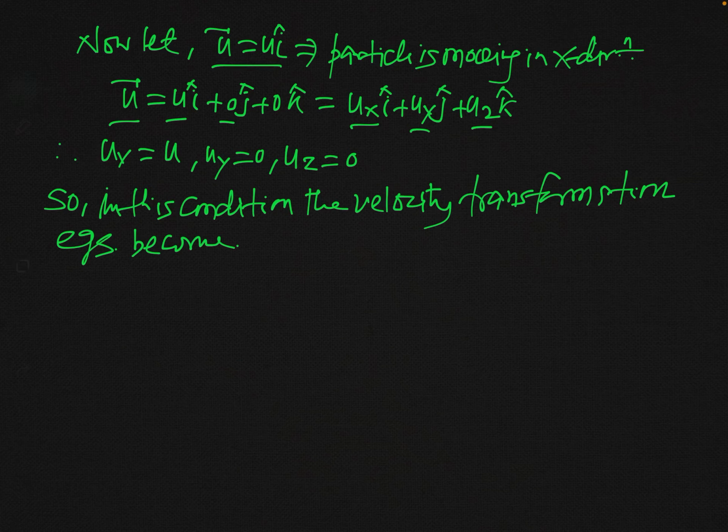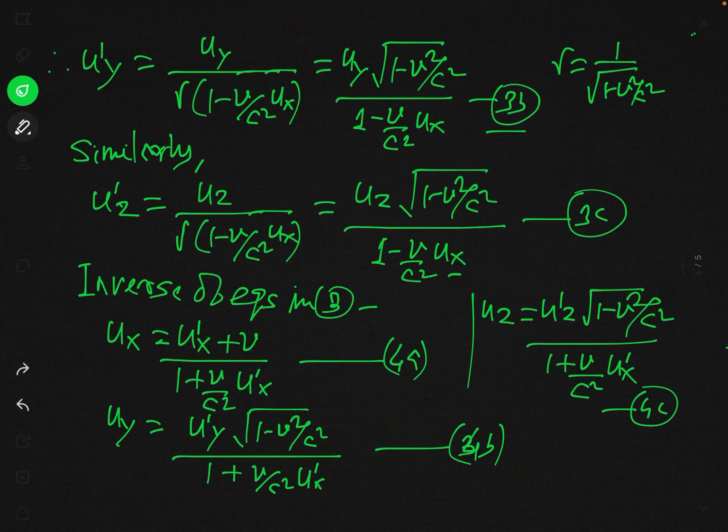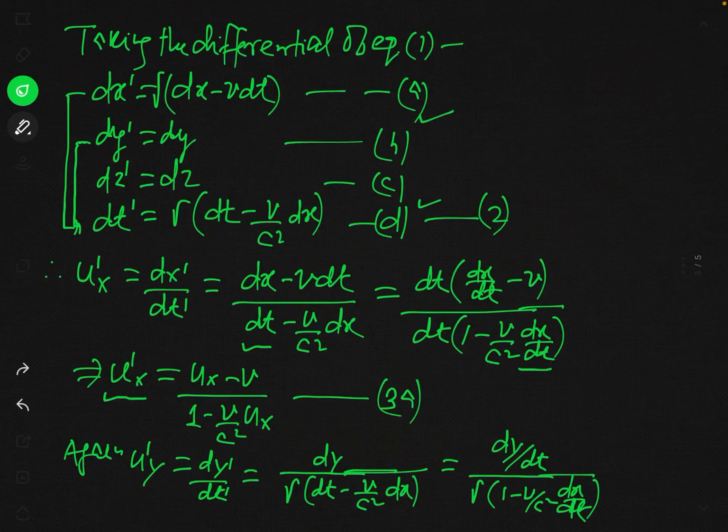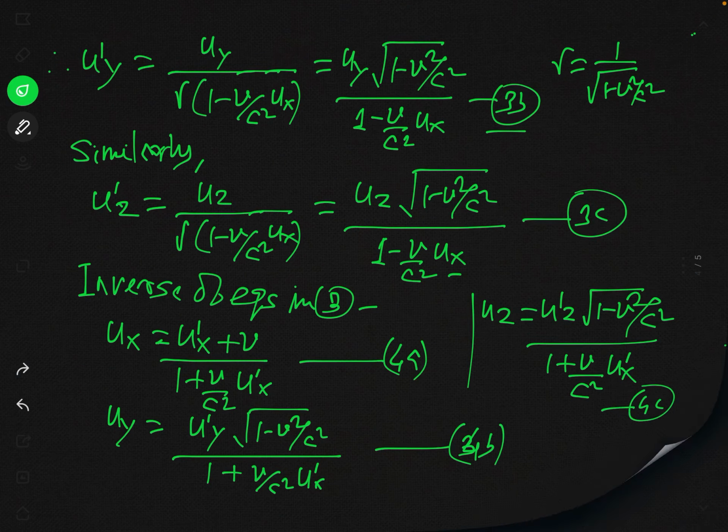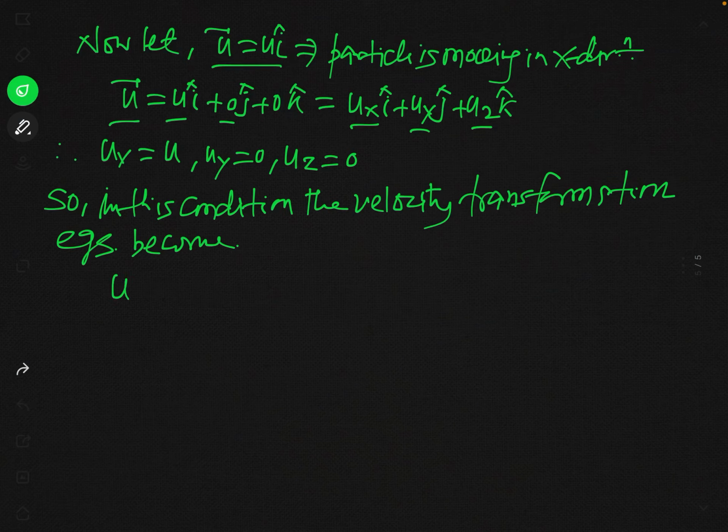For this you can see the general velocity transformation equation, the equation 3a. You can write u prime x equal to ux, and ux is now u, so this ux will be replaced by u, and we can write u prime x is equal to u minus v over 1 minus v over c square into u.